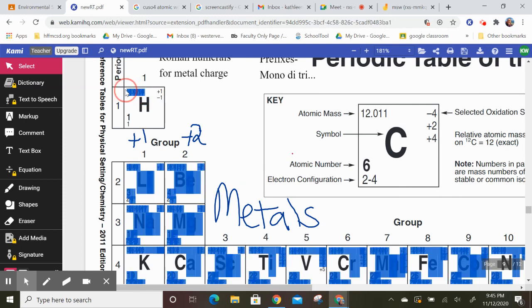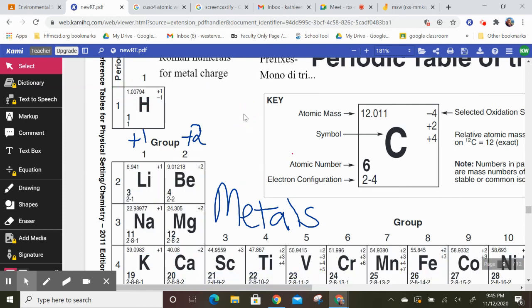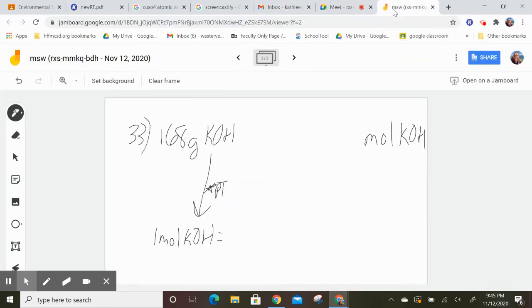So 39 plus 1 is 40, plus 16 gets us 56. So 1 mole of KOH is equal to 56 grams of KOH.